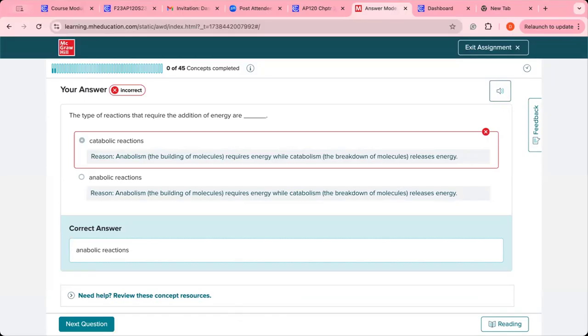Anabolism, the building of molecules, requires energy, while catabolism releases. I thought it was reversed. Okay. I have to read about that more. We'll come back and read about that one, because I thought that anabolic reactions broke down things.